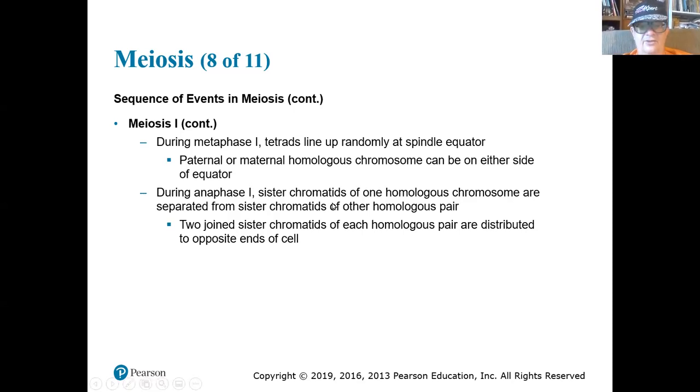It says the sister chromatids of 1 homologous chromosome, that'd be the 2 right here, are separated from the sister chromatids of the other homologous pair, that would be this one right here. So we separate the two. The two joined sister chromatids of each homologous pair go to the opposite end, and then we're going to squeeze in the middle and make them into separate cells.